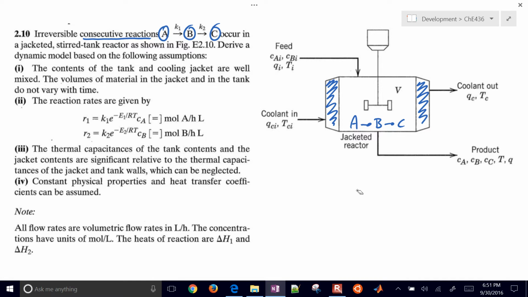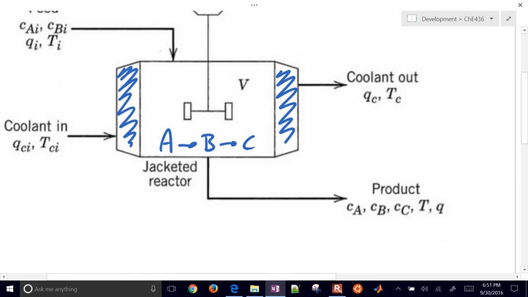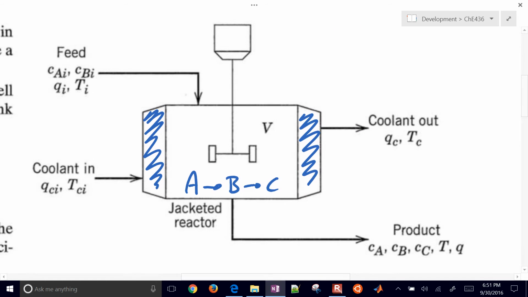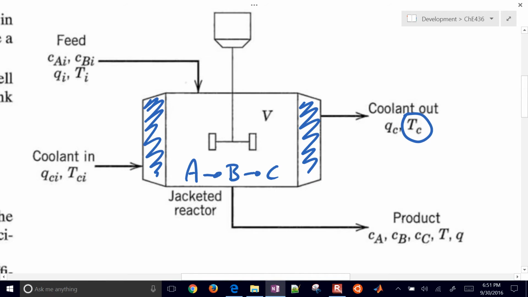So in this case, we want to derive a dynamic model, and the things that are going to be changing here, if we just assume that it's liquid full here on the jacket, then QCN and QC are going to be equal to each other, so we don't really need a balance equation for that. But we will need a balance equation for the cooling temperature that comes out.